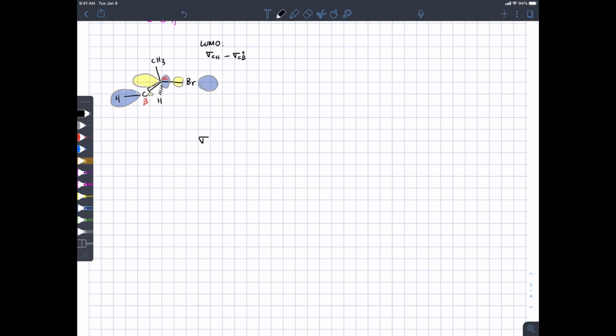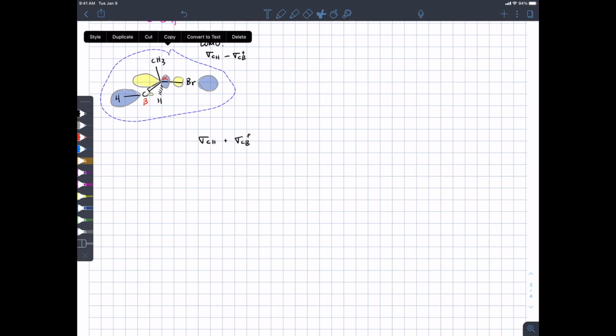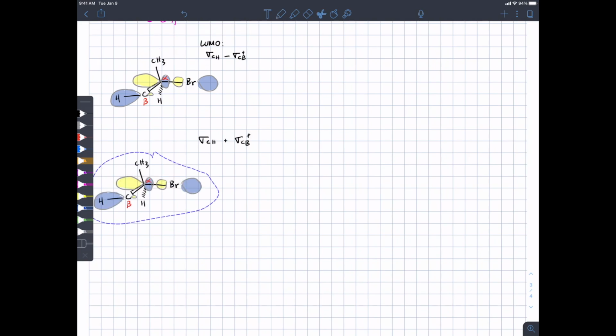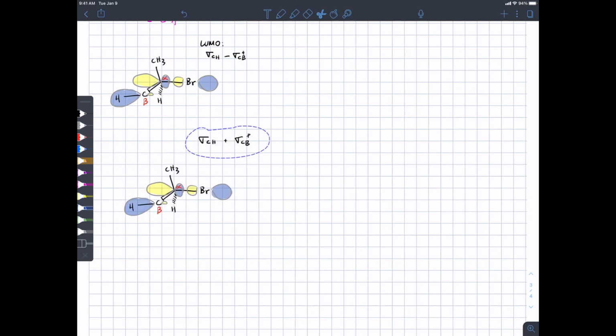It might be helpful for the same reason to draw what the plus combination would look like. The plus combination is not the HOMO of the molecule, but represents what happens to those adjacent carbon-hydrogen bonds because of hyperconjugation. And what that's going to look like is similar to what we saw above for the carbocationic intermediate.